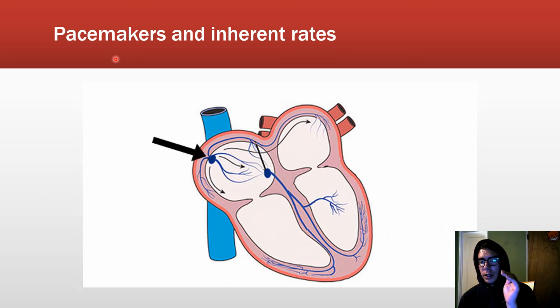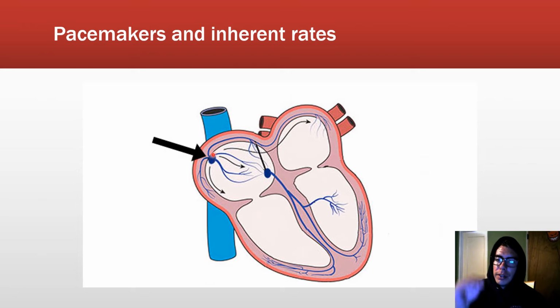So our heart has a certain order that it'll go in, because we don't want to just have one thing fail and die. So our heart has backups. As we discussed earlier, the SA node is what normally initiates an impulse that then conducts through the heart. If the SA node fails, we don't want to just die.